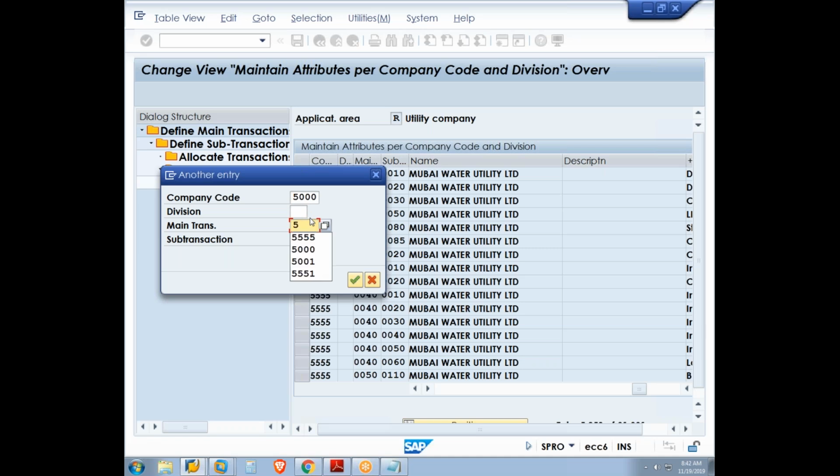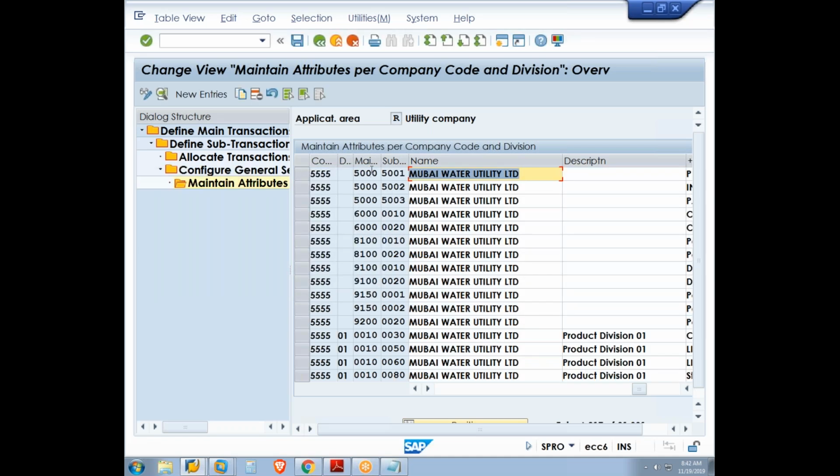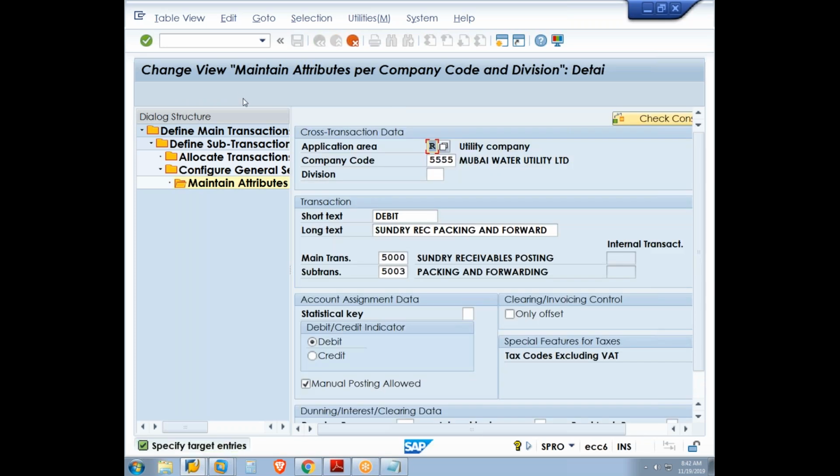So our main transaction is 5000 and company code is 555. Then select here 5003 and you can copy. So debit sundry receivable consulting charges, and it is 5004 and manual posting is allowed.